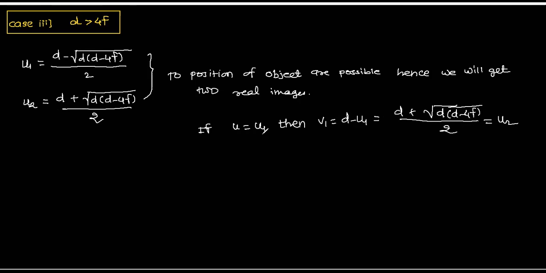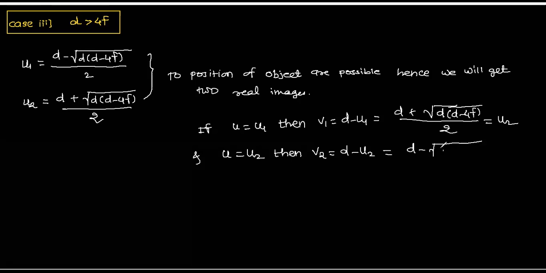So if the object distance is u1, then v1 is equal to u2, and if u is equal to u2, then v2 is equal to d minus u2, which is equal to d minus under root of d into (d minus 4f), divided by 2, which is nothing but u1, right?